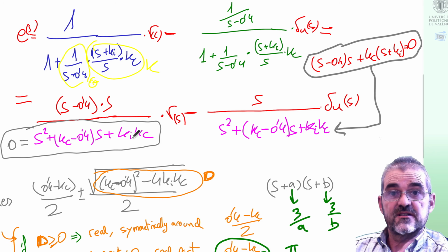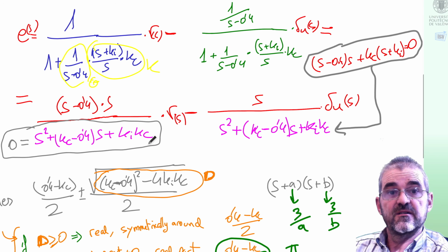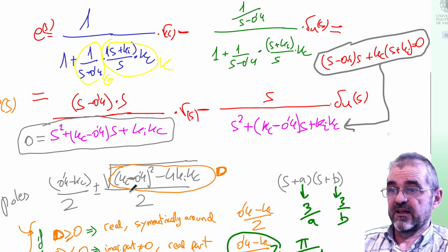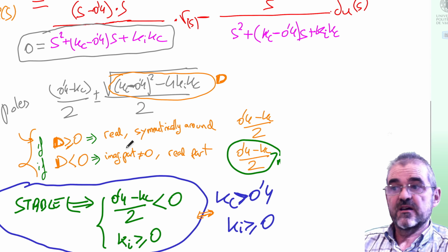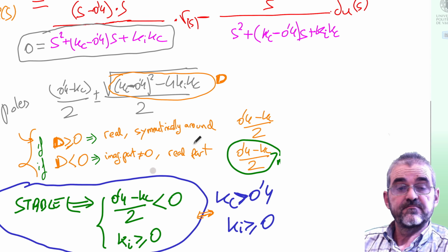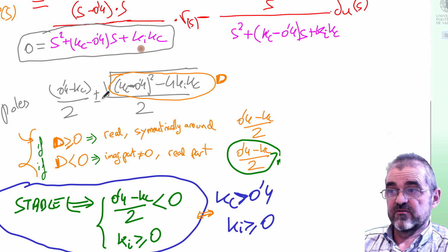The roots of this degree 2 polynomial are these ones, which were analyzed in depth in previous videos, because we have a closed formula for the roots, the closed loop poles.